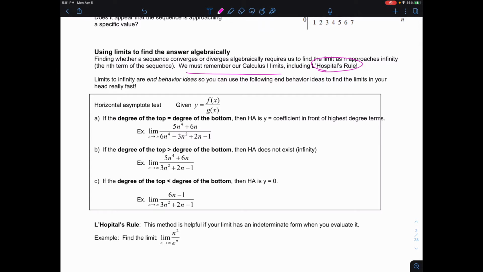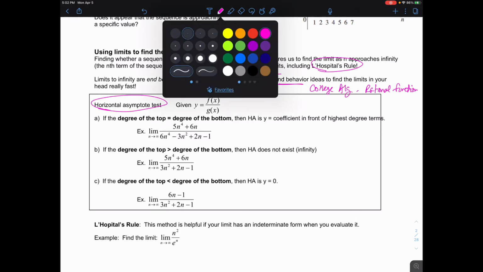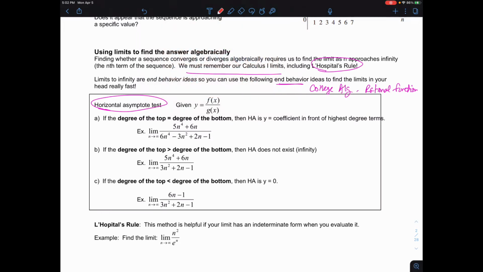We can also use end behavior from a college algebra class when we're talking about a rational function. So if I have some fractional function, I can use hopefully what I might remember about end behavior or the horizontal asymptote test.